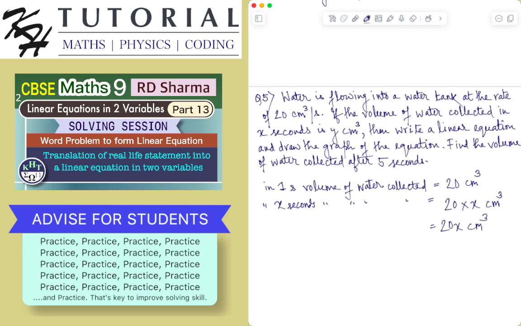Now, it is given that if the volume of water collected in x seconds is y centimeter cube, then obviously we must have 20x centimeter cube equal to y centimeter cube. Okay. So we have already formed the linear equation in x and y.